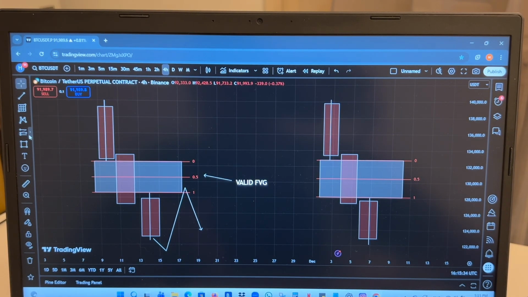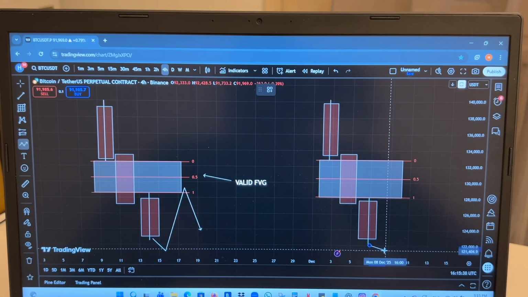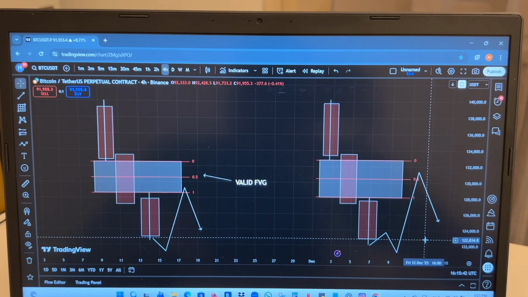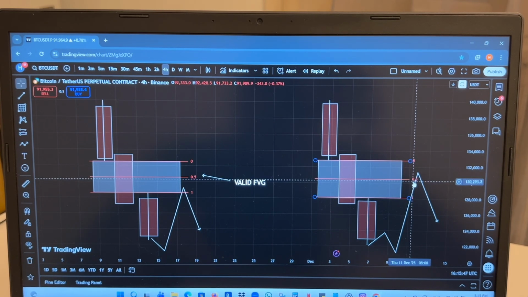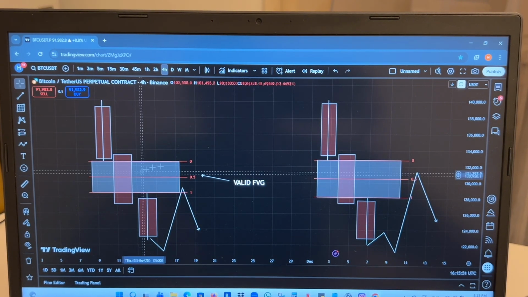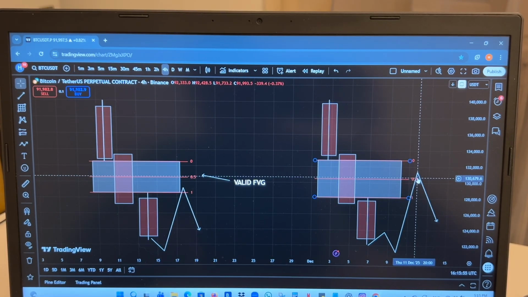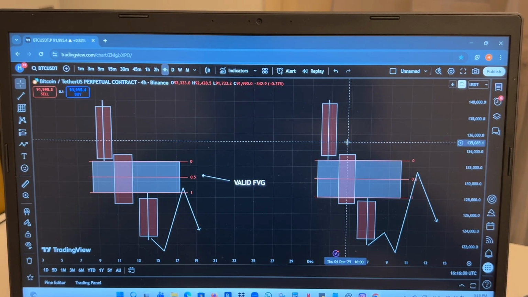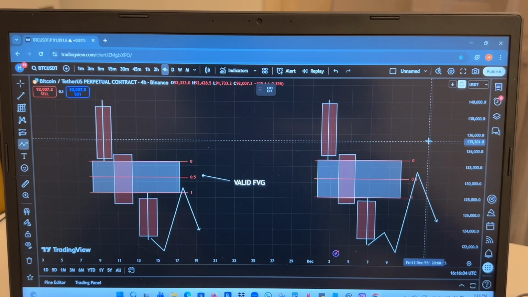So if the market gives us this move, and then it has actually broken way above the 0.5 level, just like before, we can see that it has gone a bit higher than the 0.5 level, completing this imbalance.